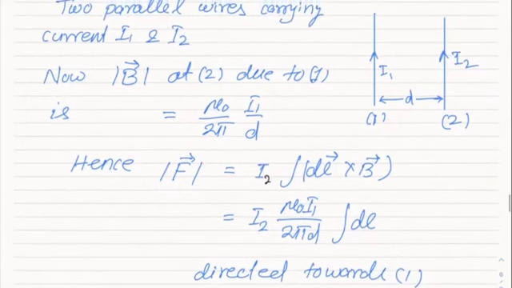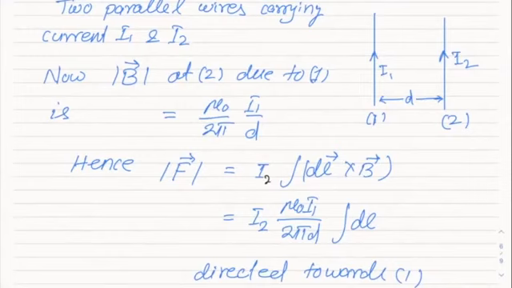For this force, if you now use your right hand thumb rule for cross products, you will find that the dl direction is along this. So that's your dl. B is along phi cap, so B goes into the page there.